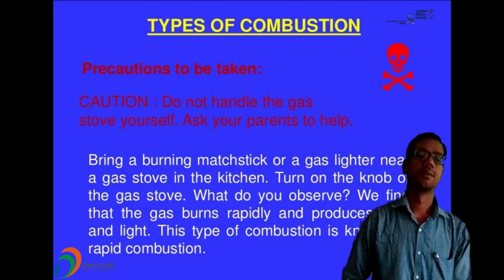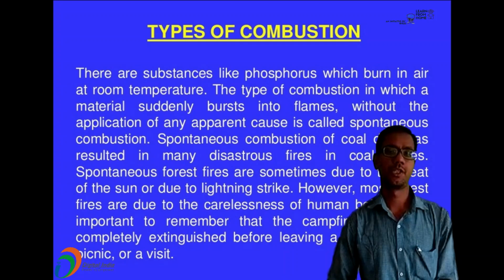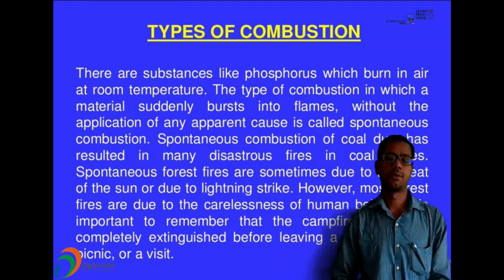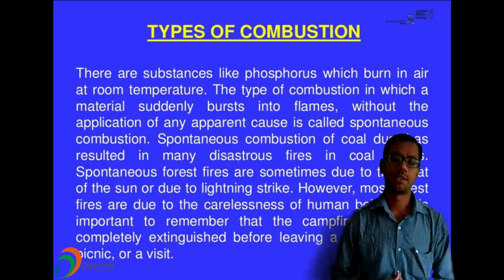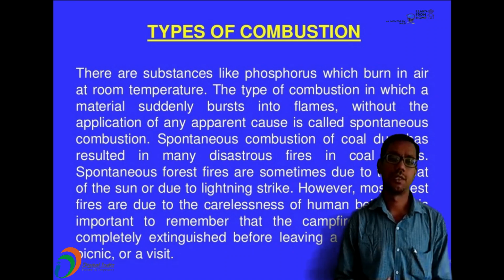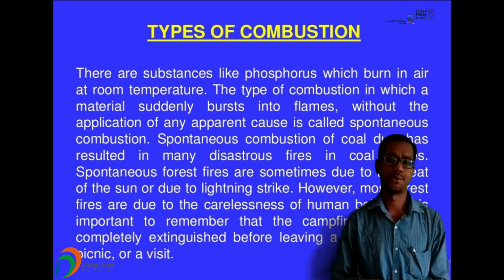Second type is spontaneous combustion. What is spontaneous combustion? Some substances, when we keep them as they are, will automatically catch fire without application of heat. Such substances have a very low ignition temperature. An example is phosphorus.